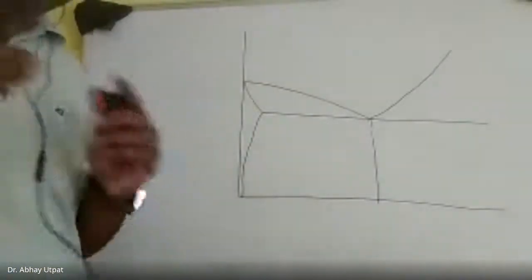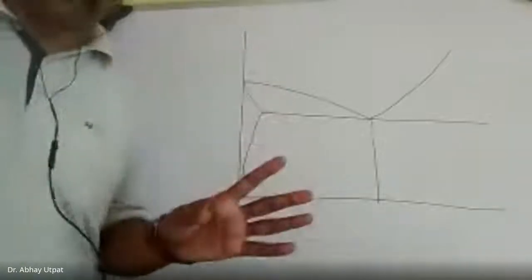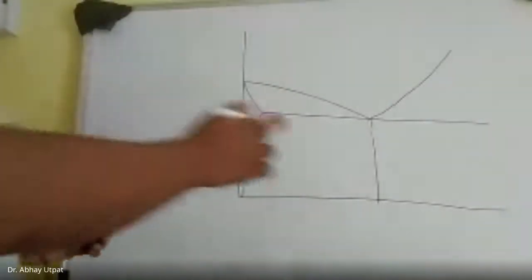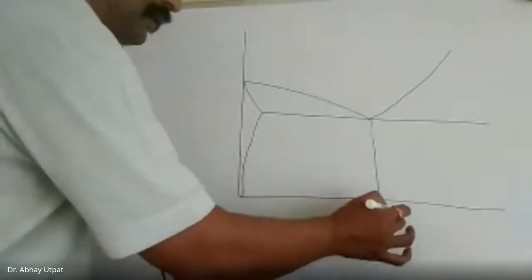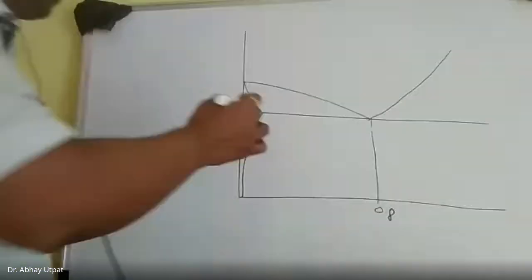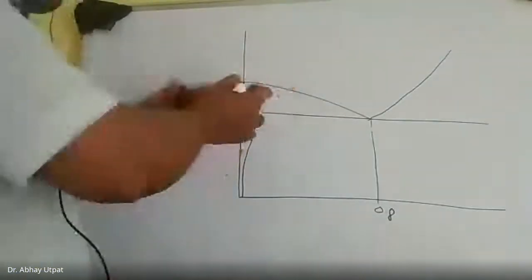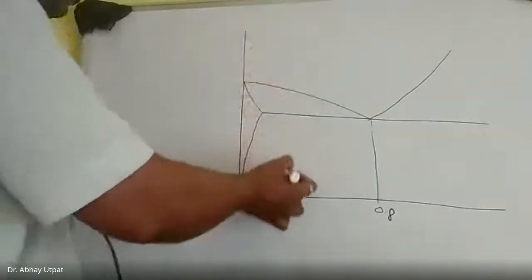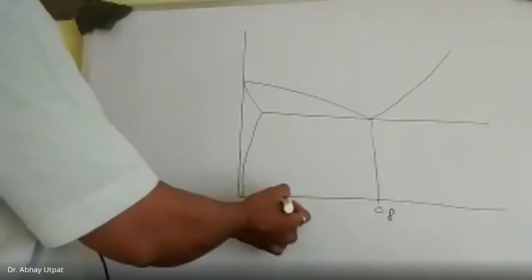Let us take two examples. One is of hypoeutectoid and another is of hypereutectoid. This is 0.8% carbon. Now I will take the example of 0.2% carbon. After drawing this, just draw one faint line at around 0.2.